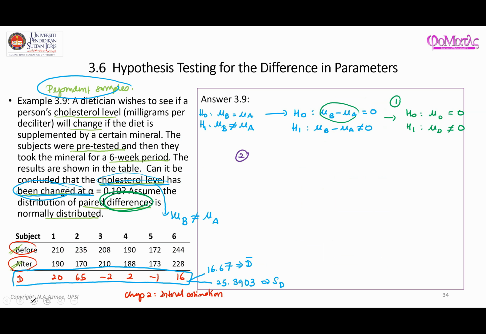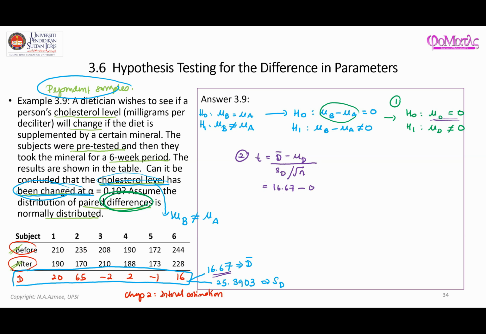So now the test statistic is going to be t is equal to d bar minus mu d over s d, the standard deviation for the new data set, over square root n. Based on what I've said here, d bar is 16.67 and mu d is going to be equal to 0 based on the statement given here.